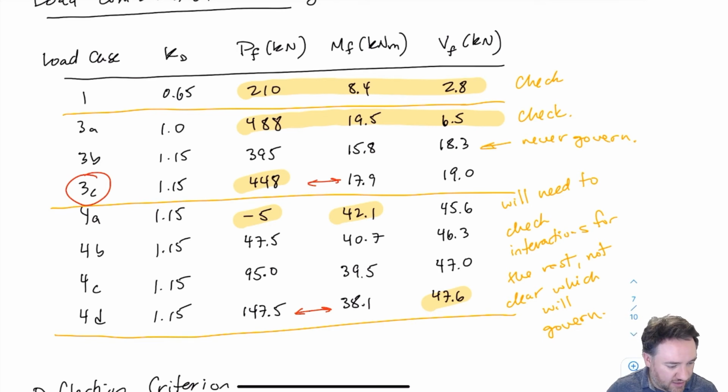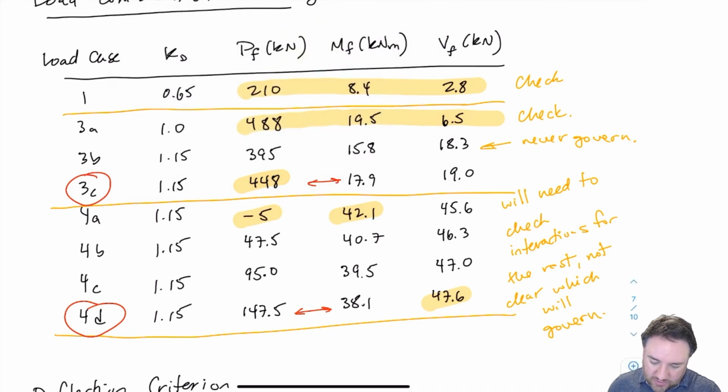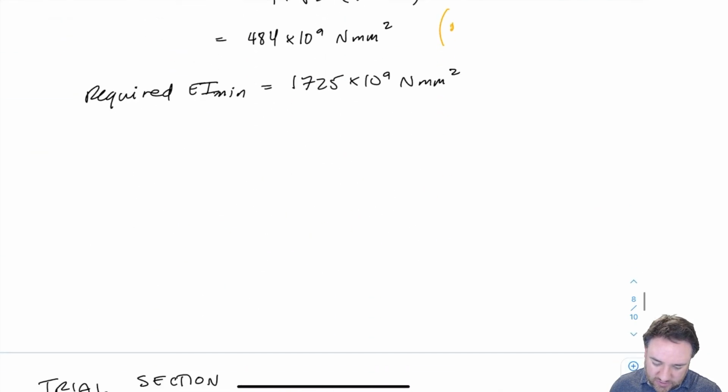And then I think I'll do 4D, which has kind of a medium axial load and a moment that's close to the highest. Okay, you know, I could do 4B, but the axial load's a lot less and the moment is almost the same. So those are the two that I'm going to choose instead of going through and checking them all, because right now I'm just doing a sanity check. Yes, this section looks like it's going to be okay. Okay, so let's do that.